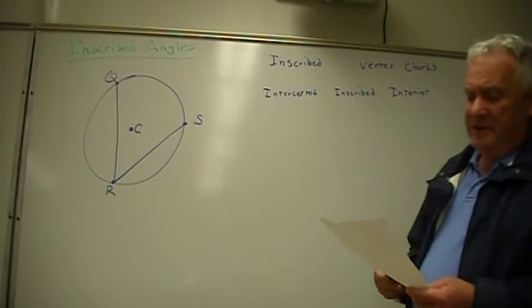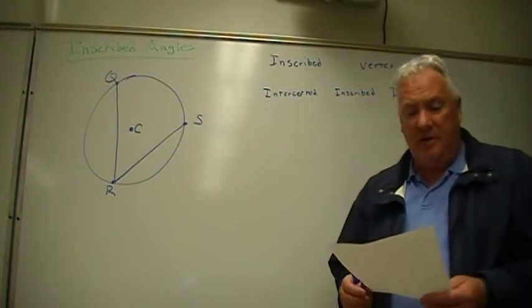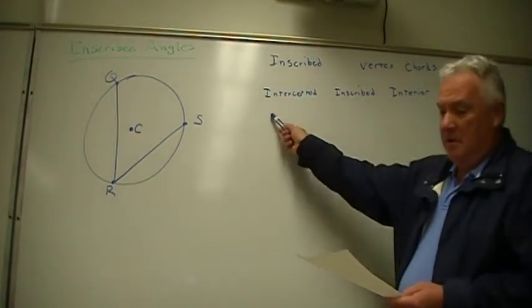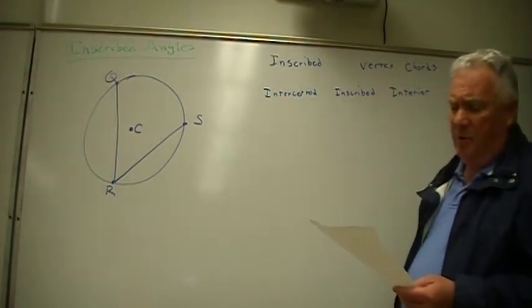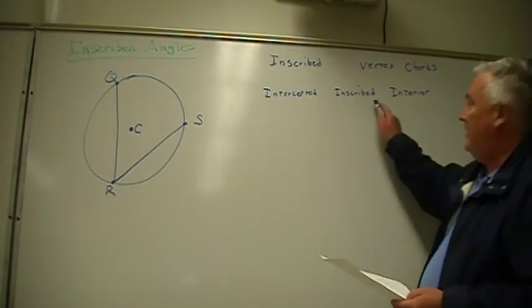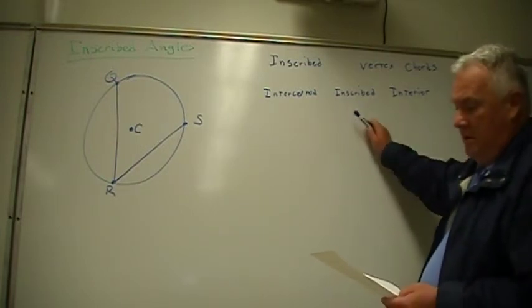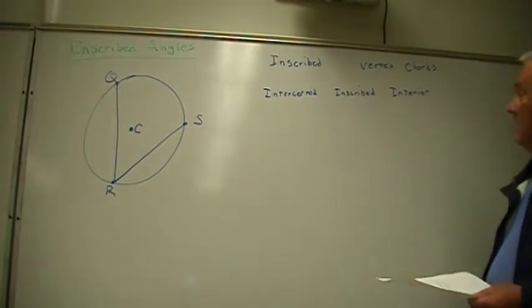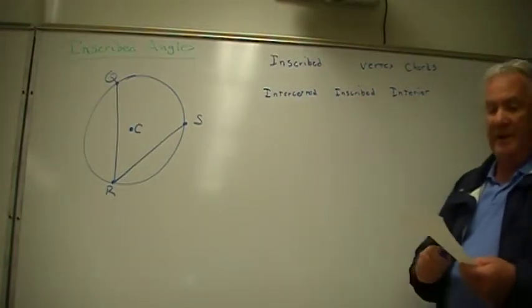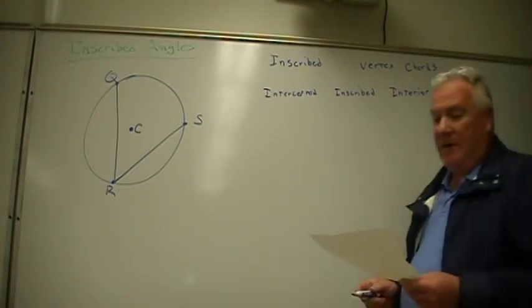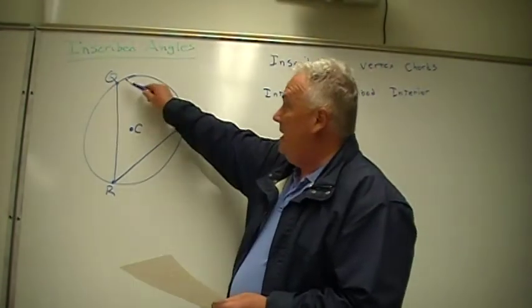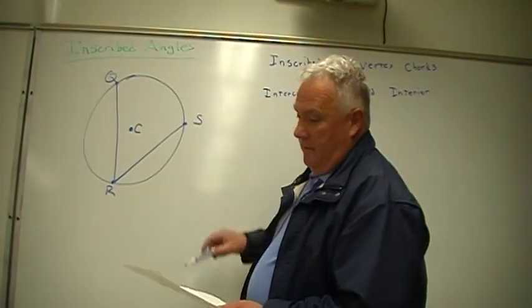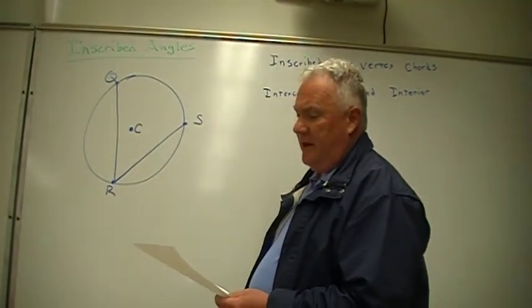Then the next definition you're going to need is an intercepted arc. An intercepted arc has endpoints on the sides of an inscribed angle and lies in the interior of the inscribed angle. So those three words will fit the blanks of that definition for your next one. And here's what it looks like. The inscribed angle has endpoints on the sides of an inscribed angle.